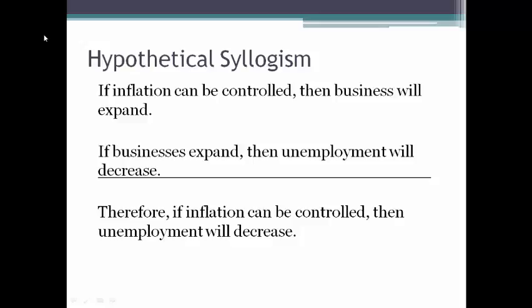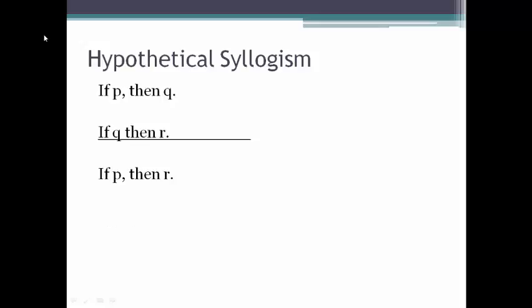The second premise starts with: if businesses expand. Notice that the consequent of the first conditional has become the antecedent of the second. Then unemployment will decrease. From this we conclude, therefore, if inflation can be controlled, then unemployment will decrease, where we've taken the antecedent from the first premise and the consequent from the second.